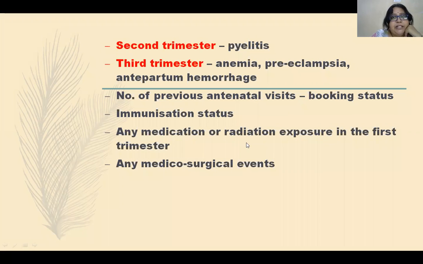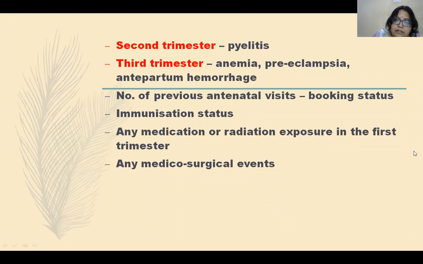Another immunization you need to inquire about is anti-D. If the woman has had any abortions previously, and if she is Rh negative, you need to inquire about anti-D immunization also.